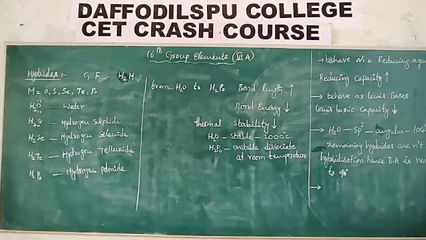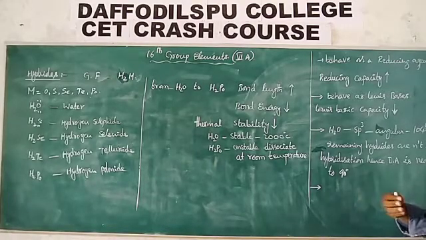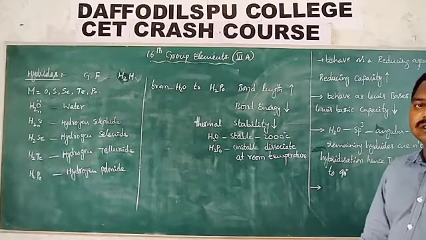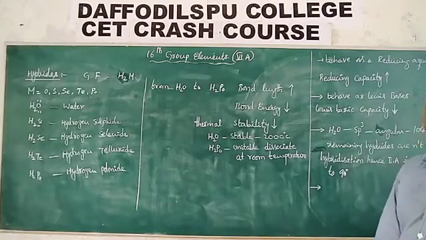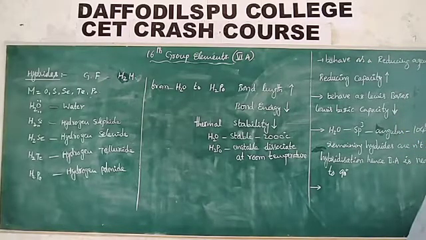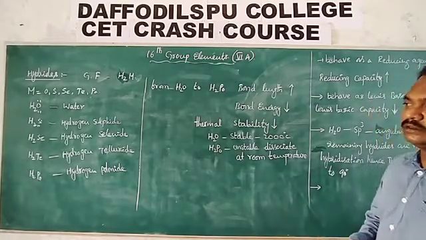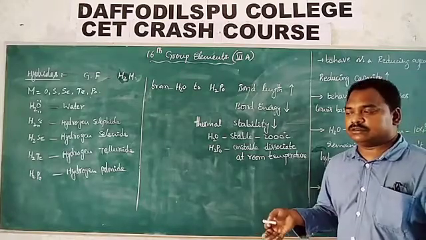Boiling points. As molecular size increases, what happens to the boiling points? As molecular size increases, van der Waals forces of attraction increase. When van der Waals forces increase, boiling points also increase. So our expected order is that the smaller one has the lower boiling point and the larger one has the higher boiling point.